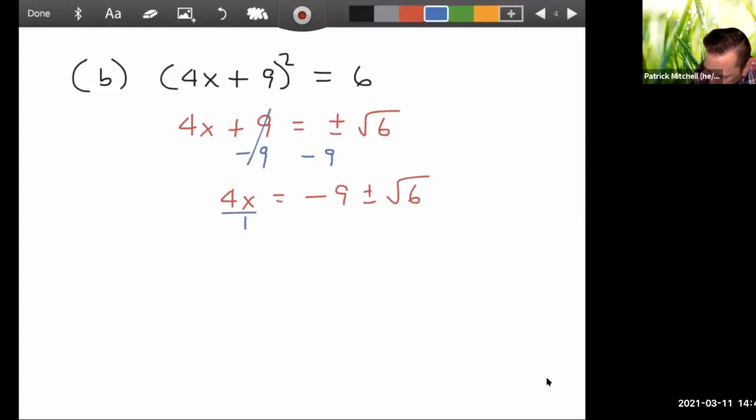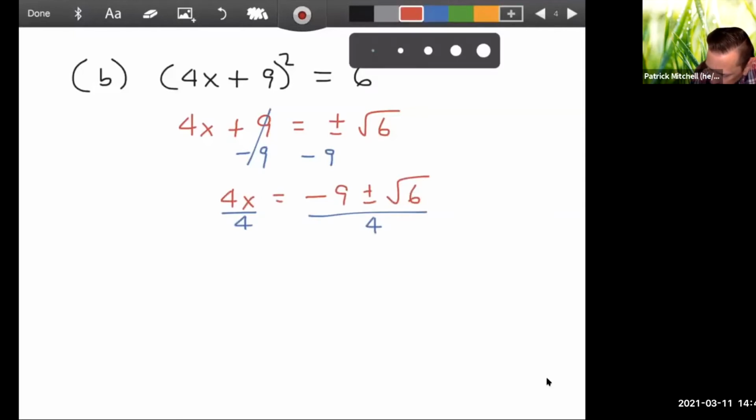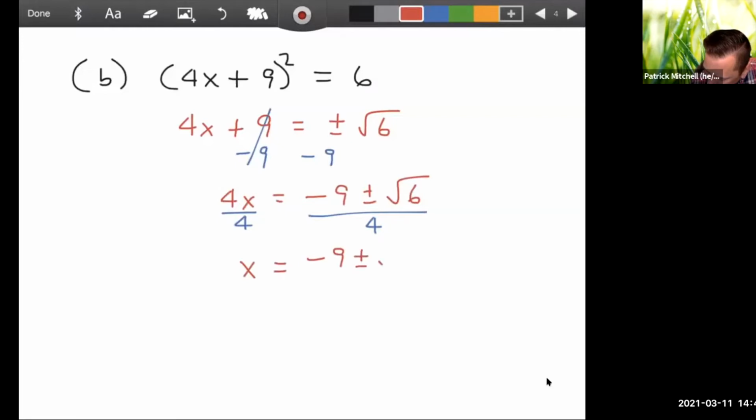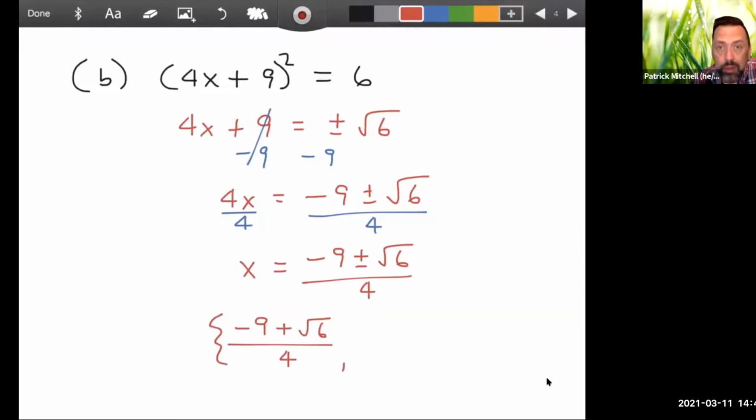And then we have to divide both sides by 4. All right, so x is negative 9 plus or minus the square root of 6, all over 4. And when you put these answers into your online homework, I believe it's going to want you to write both solutions separately. So whenever you see a plus or minus symbol, that means there are 2 solutions. Plus or minus is just sort of lazy shorthand notation.